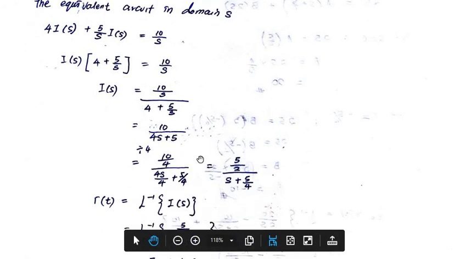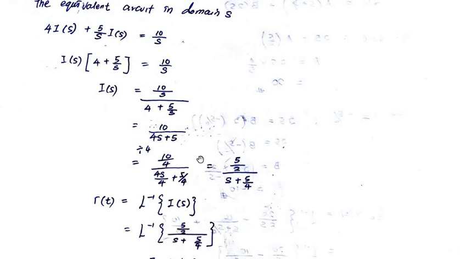If you want to transform from the frequency domain to the time domain, make sure the s here is single, only one. You cannot have 2s or 3s or 5s. If you have, then you must divide by the value you have here.